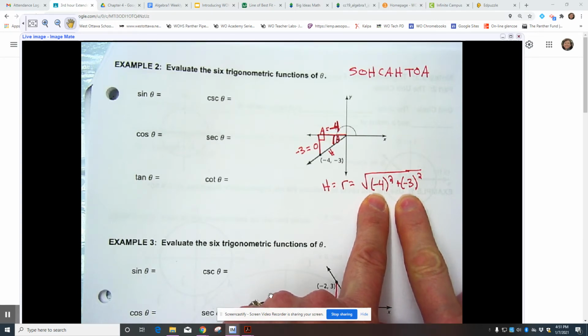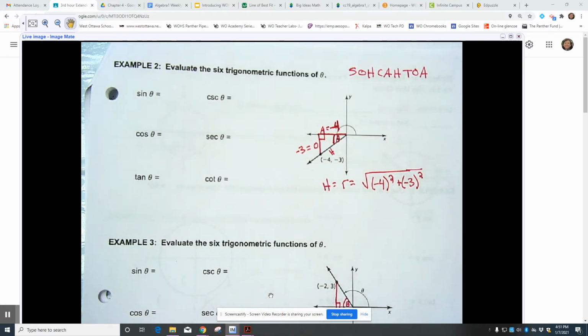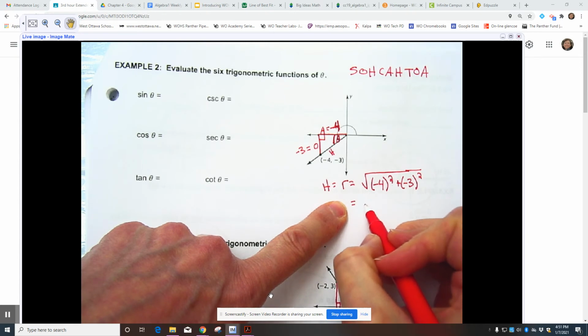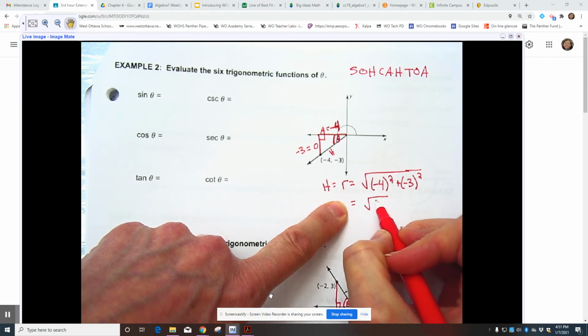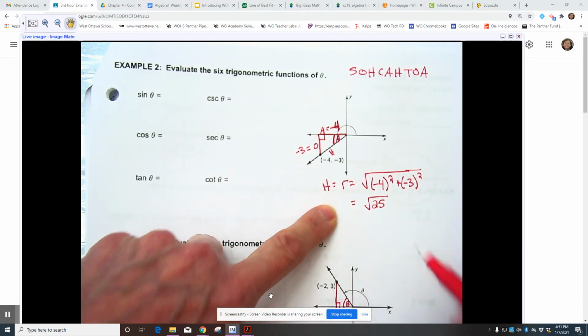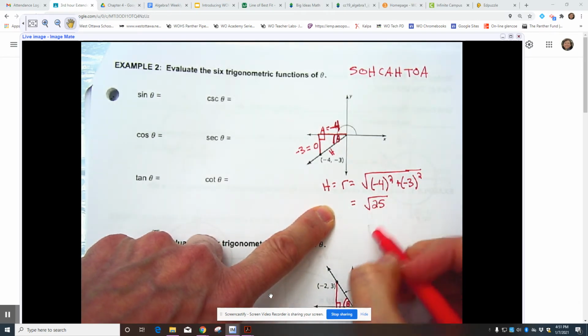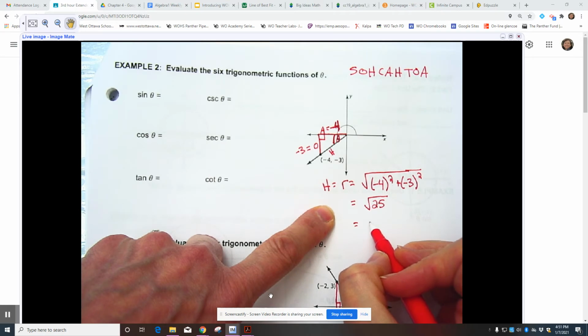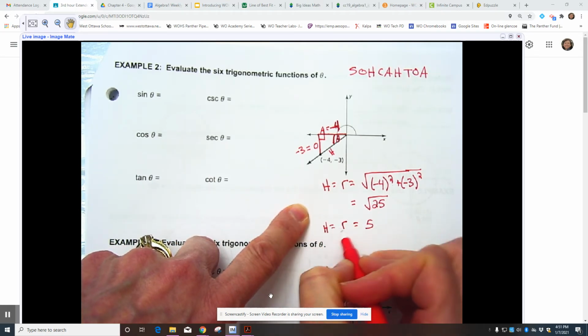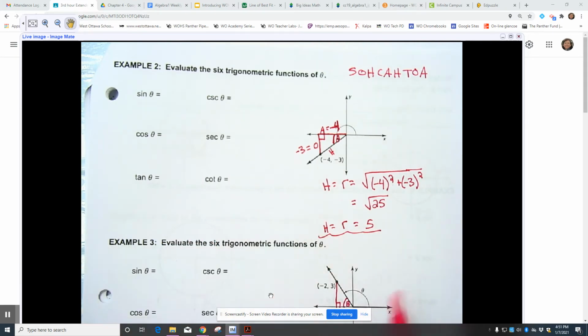So make sure you do that. So (-4) squared plus (-3) squared gets me 25. If you punch that in the calculator, that's 16 plus 9. This is, again, a perfect square, so the square root of 25 is 5. So my R and my H are 5.